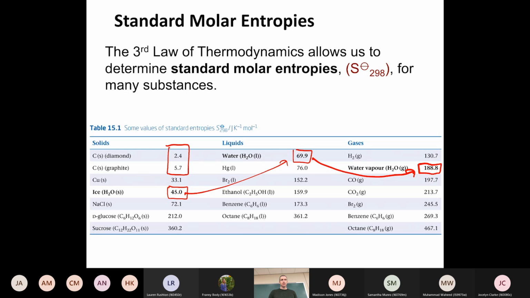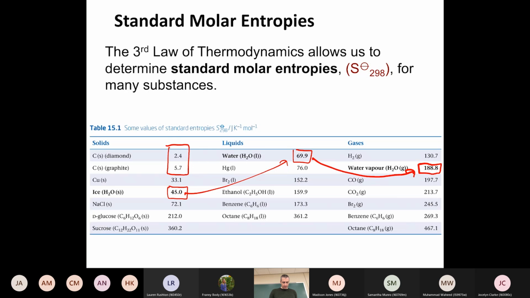And we talked about this last class in terms of why gases have higher entropy. They occupy a higher volume. There's more possible microstates. There's more energy in the system. And that's that. Anything else of interest here?